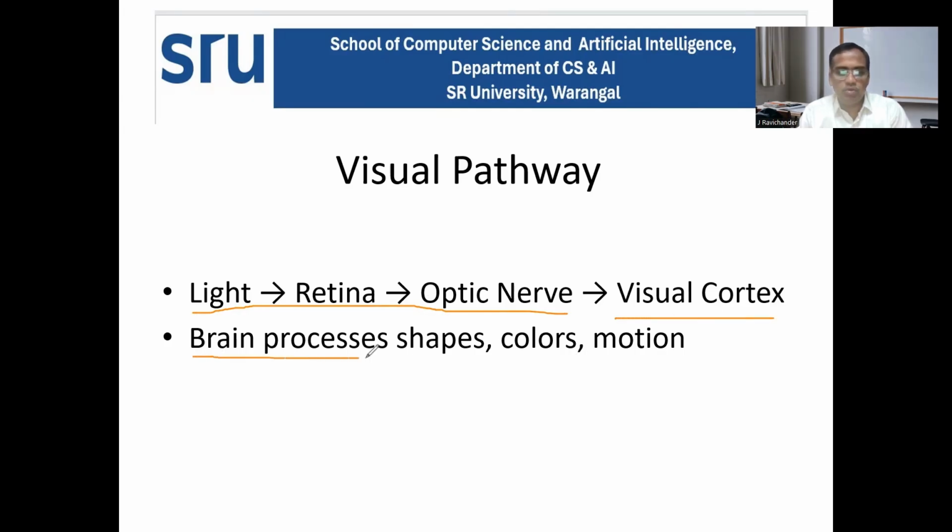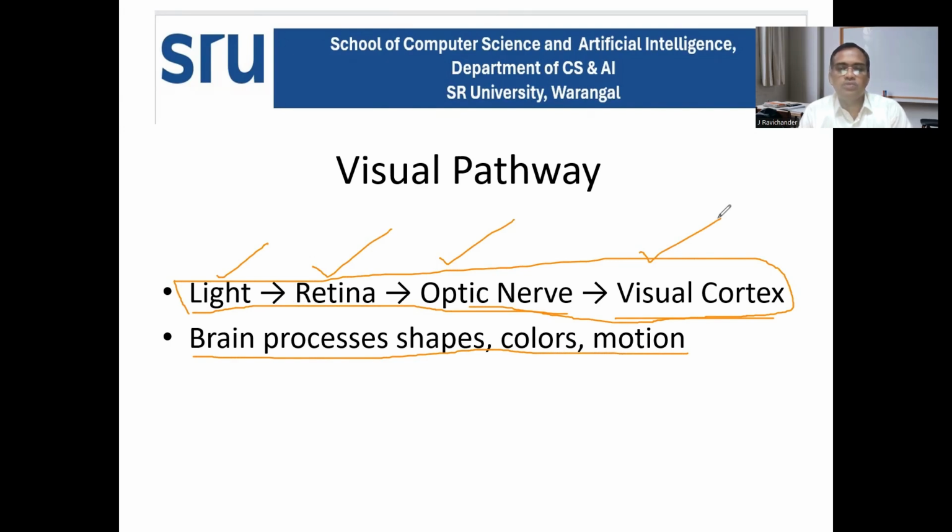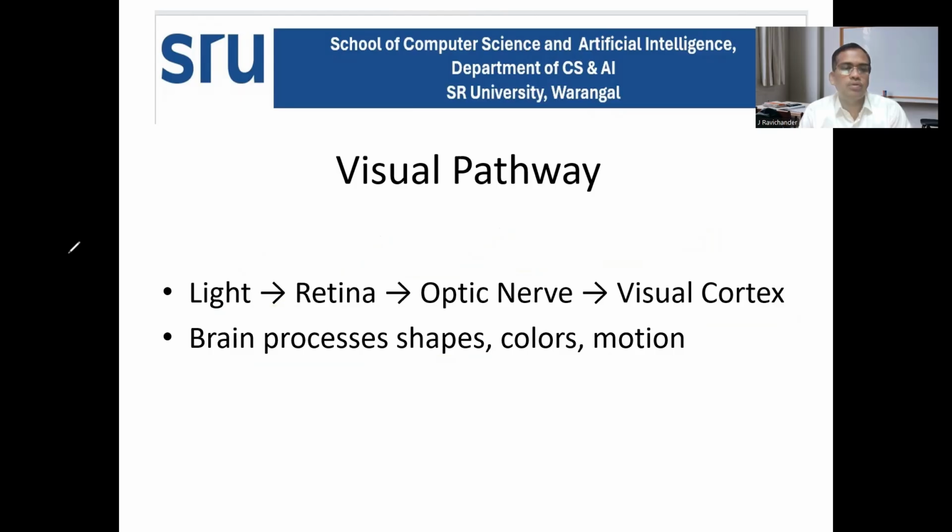The brain processes shapes, colors, as well as motion. This complete thing comes under the visual pathway. First light, then retina, then optic nerve, then visual cortex. The visual cortex usually processes the information, so your brain processes the shapes, colors, and motion.